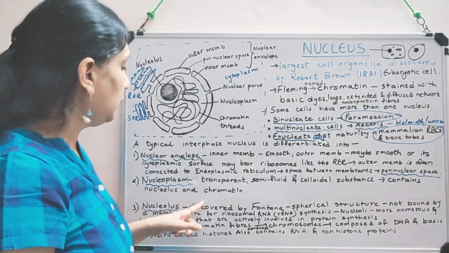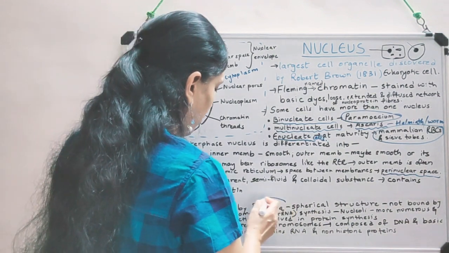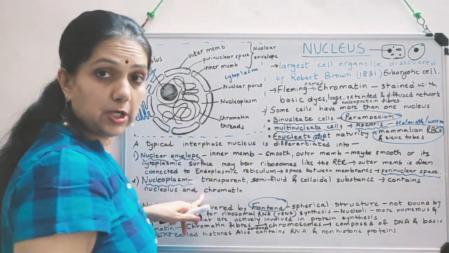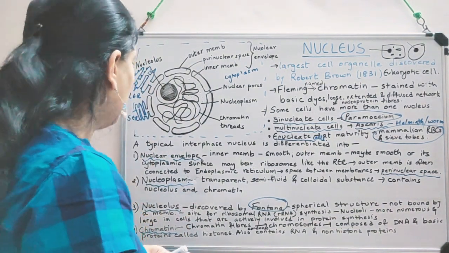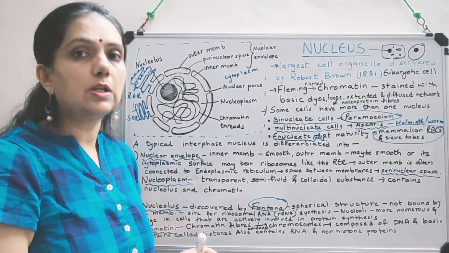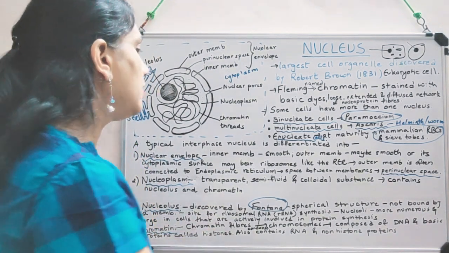We come to the next component, the nucleolus. This nucleolus was discovered by a scientist called Fontana. It is spherical in shape, which you can see in the diagram, and the nucleolus is not bounded by membrane. It is non-membrane bound.